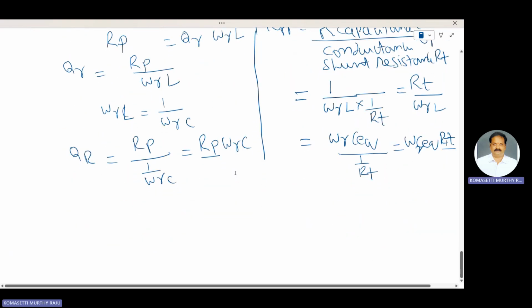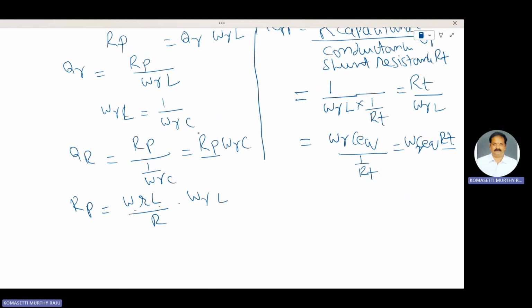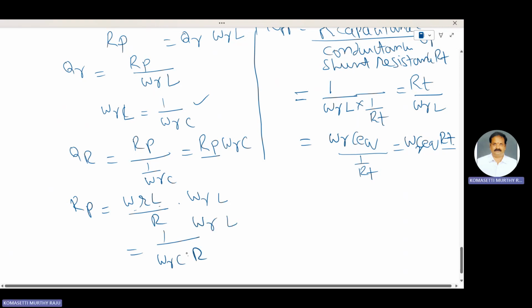Here RP is equal to... we know that ωRL by R and ωRL. At resonance, these two reactances are equal: ωRL is equal to 1 by ωRC. So ωRL is equal to 1 by ωRC into R. ωR is cancelled.